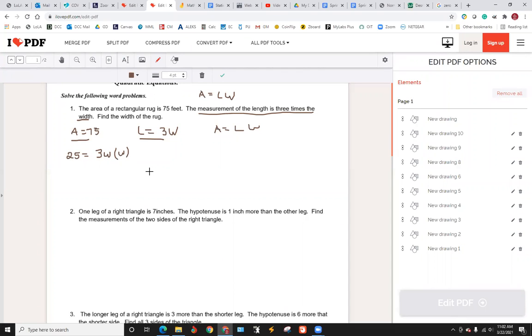All right. So now we've got this equation. Let's just go ahead and simplify it.